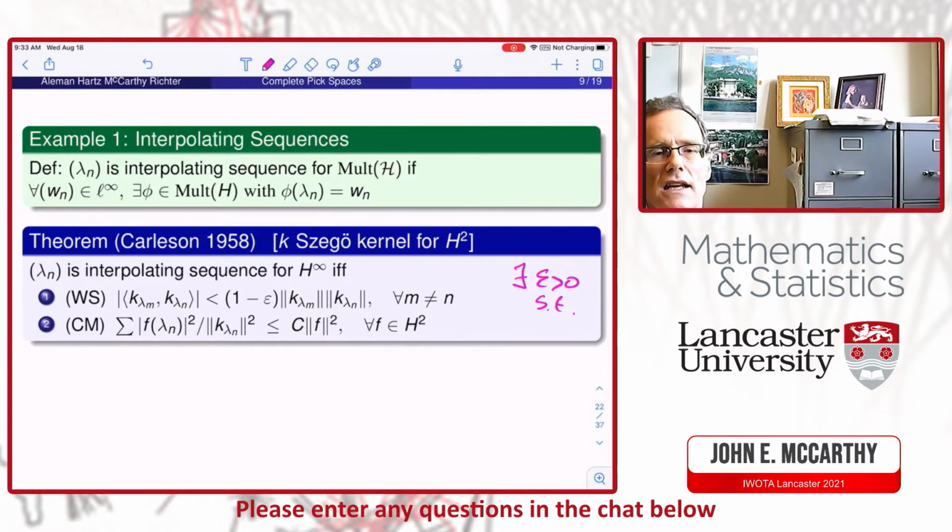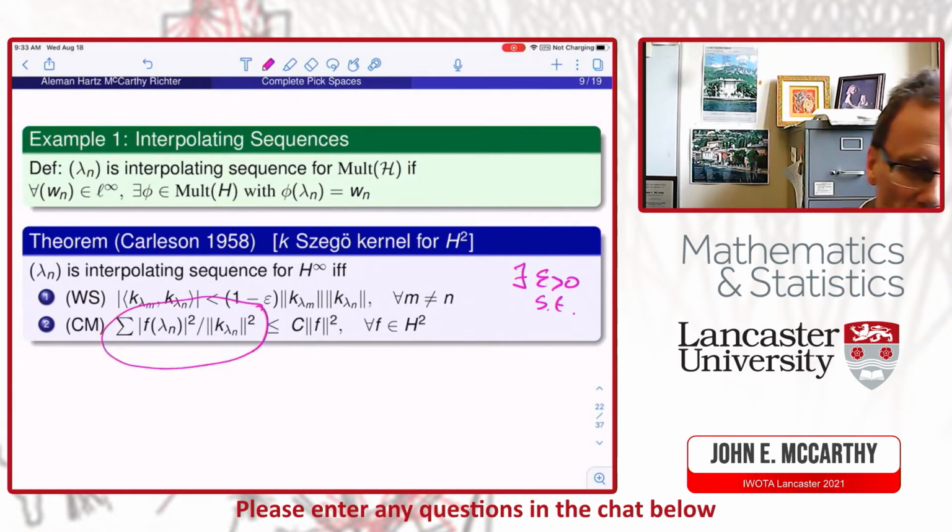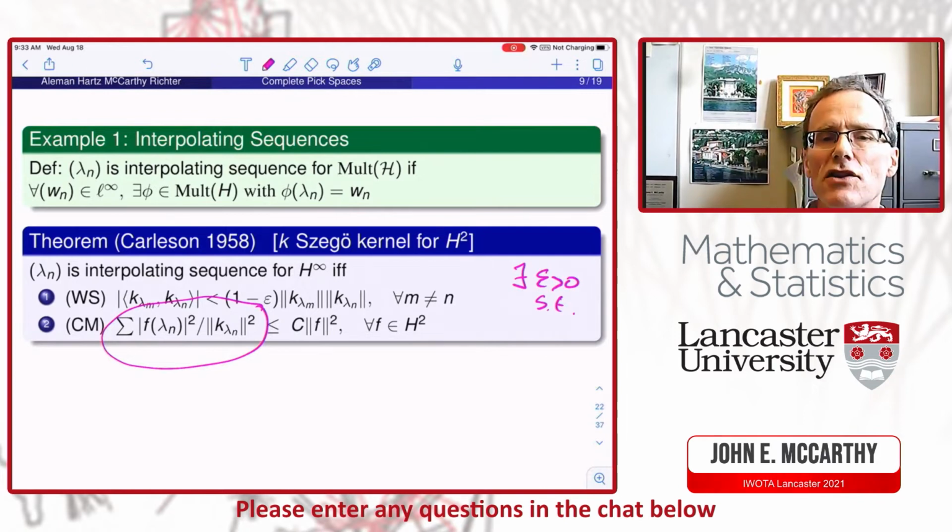And then the second condition is what's now called the Carleson measure condition, which says if I take any function in H2 and I integrate it against an atomic measure whose mass at the point lambda n is 1 over the norm of the Szegő kernel squared there, if I take the integral of f squared, so since it's an atomic measure, that just becomes the sum on the left-hand side here, the sum of the function at lambda n squared divided by the norm of the Szegő kernel at lambda n squared, that this is always less than or equal to some constant times the norm of f in H2.